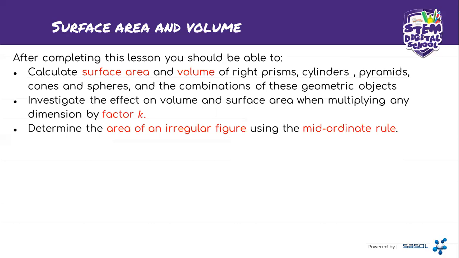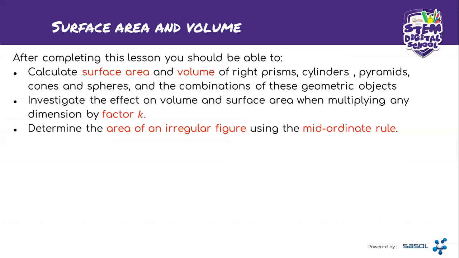The last point is determining the area of an irregular figure using the mid-ordinate rule. When we talk about an irregular figure, we are talking about a figure that is not a rectangle, not a square and not a triangle, meaning it does not have a specific formula to calculate the area. If they ask you to calculate the area of a triangle, we know the formula, which is half base times height.